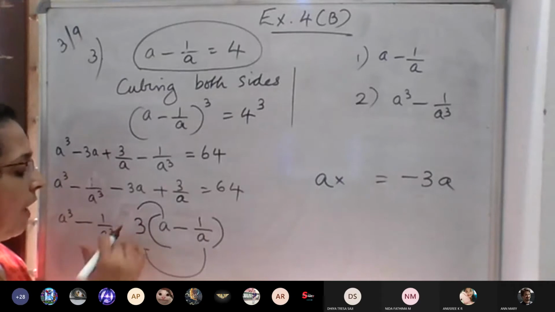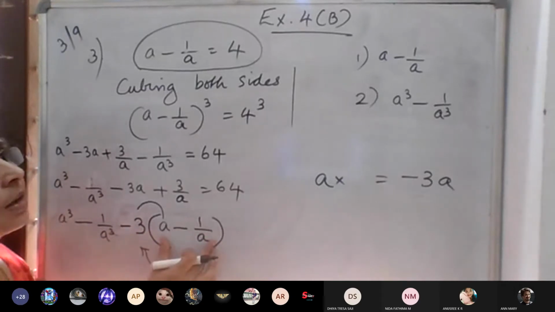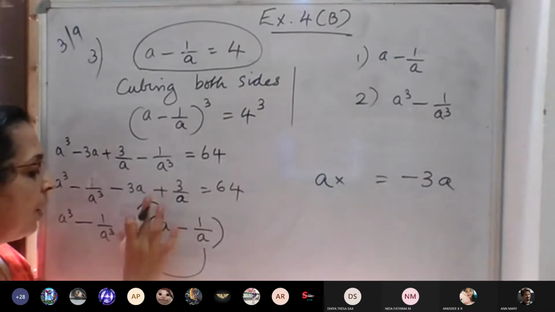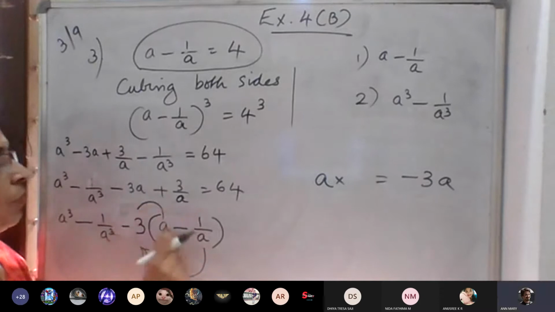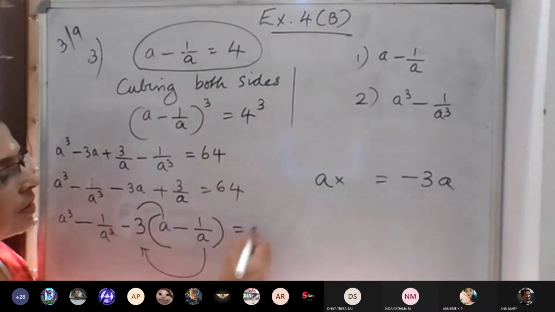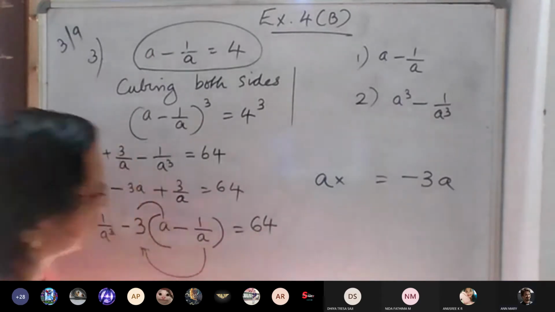That's why if we take -3 common, a minus 1 by a will be inside. So sometimes if you take positive 3 instead of -3, it will be difficult. That's why I told you to adjust with this a minus 1 by a. So it is equal to 64. I think it is clear.